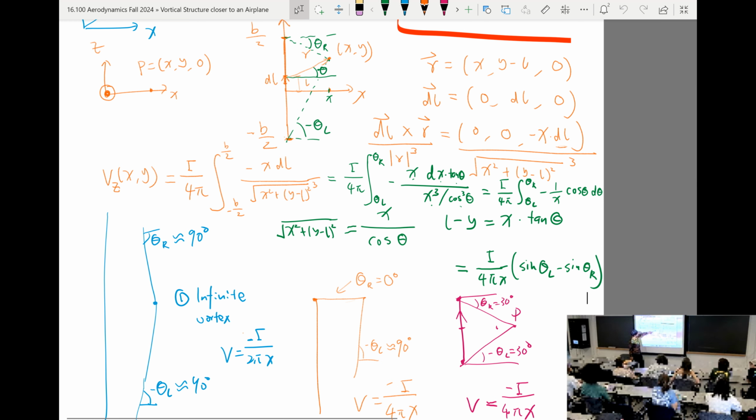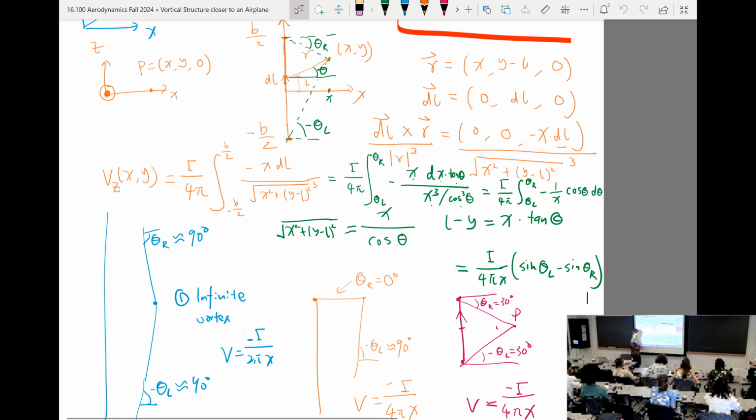Either way, right? So theta is the angle between the x-axis and this guy, right? 90, right? So minus theta L is going to approach 90 degrees, which means theta L here is going to approach minus 90 degrees. And the sine of theta L is going to be approaching what? -1, exactly.